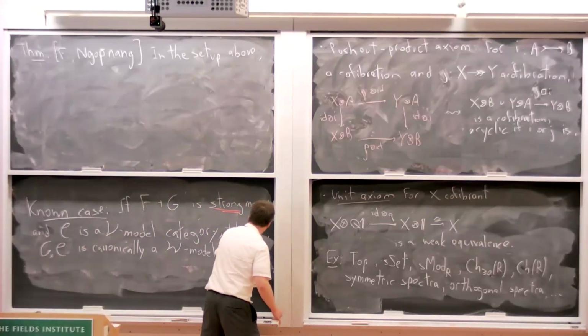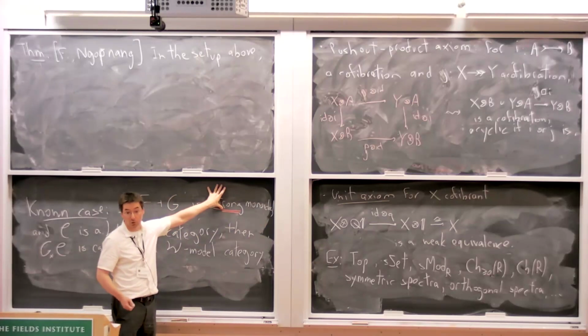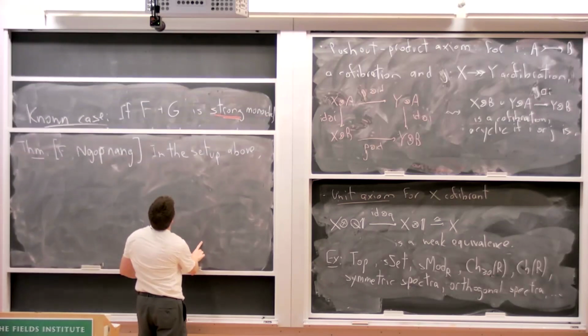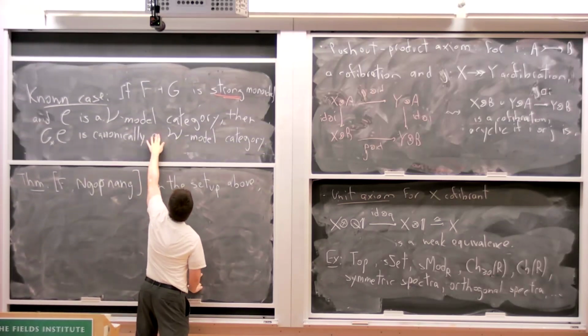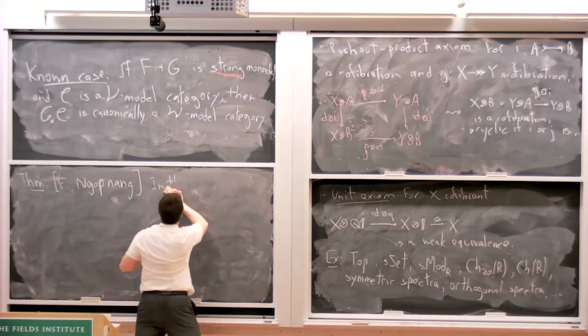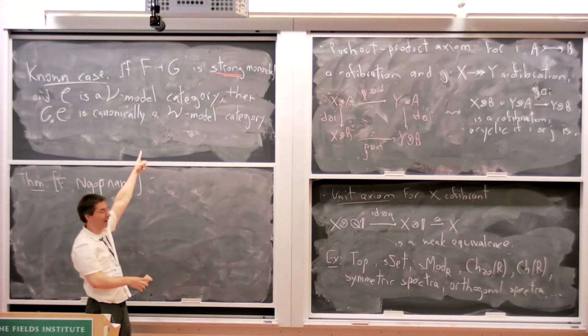All right, so the whole project was to say, well, what if we drop this assumption? What's left? And I can tell you. Well, okay, now I need to be more precise because the setup above is not the one I want.